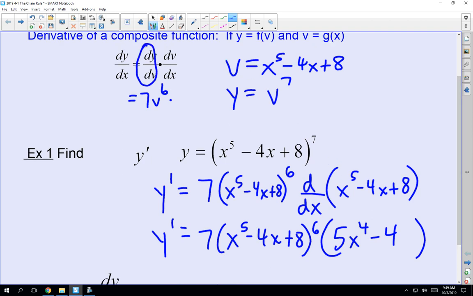And then times dv dx is just taking this and doing the derivative of that. So dv dx would be 5x to the 4th minus 4. There's the dv dx, dy dx is that, and then how do we get to this matching answer? Plug it back in, plug what we labeled v back in.